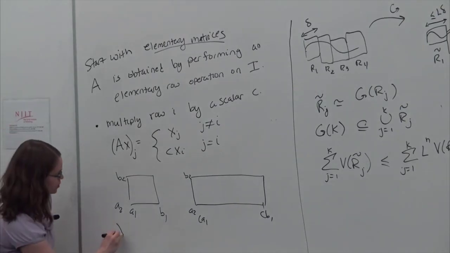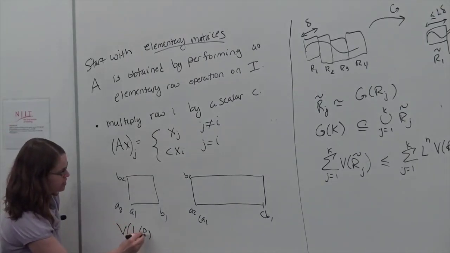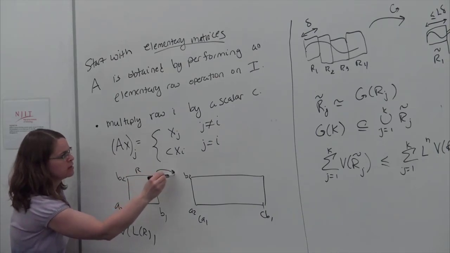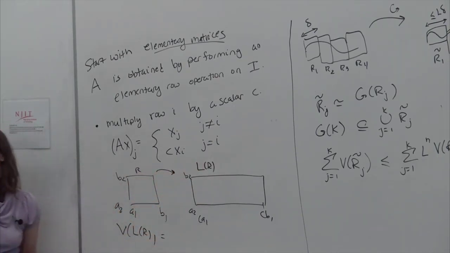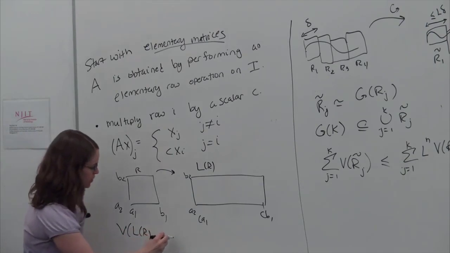Okay, so if this is R and this is L of R, how do these volumes compare? What happened to the volume? It just got multiplied by c, right? In most of the dimensions, everything stays the same. In one of the dimensions, things get stretched by a factor of c, so that comes up in our volume computation.